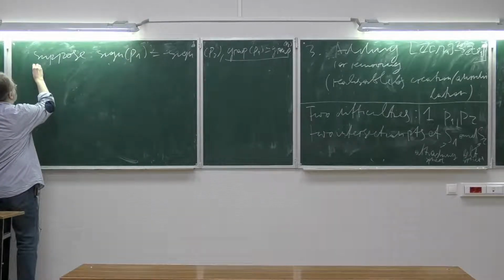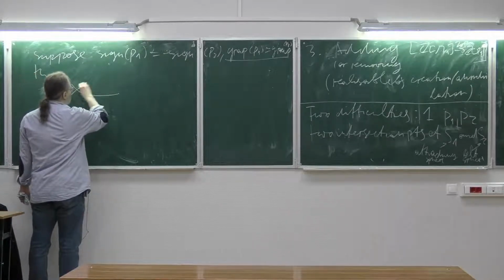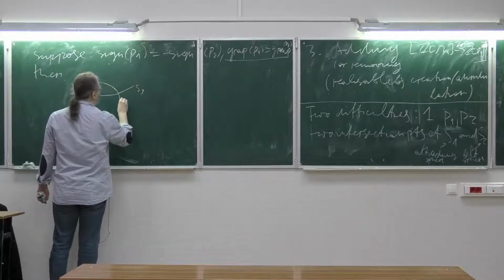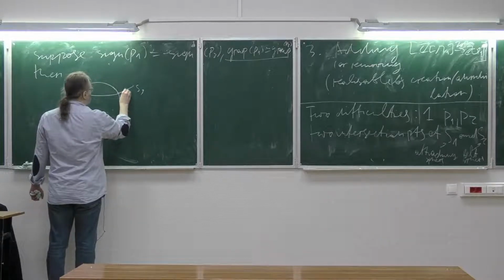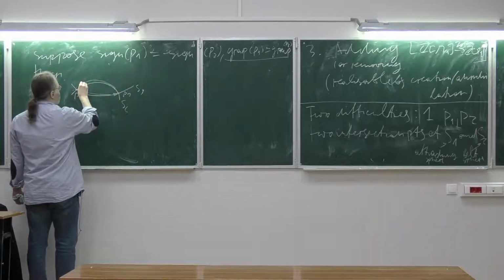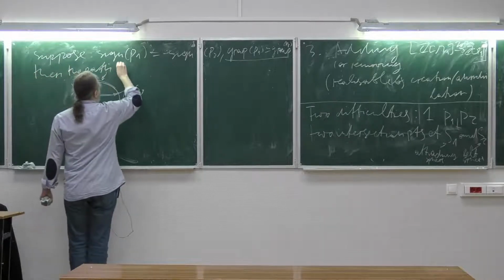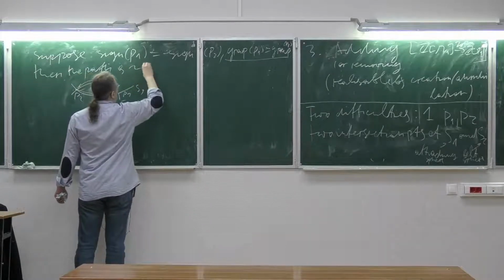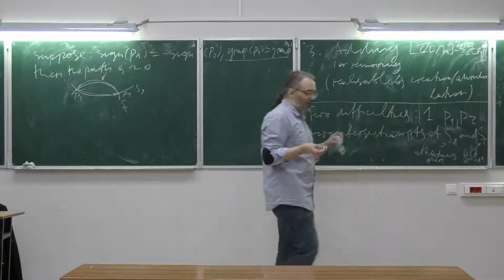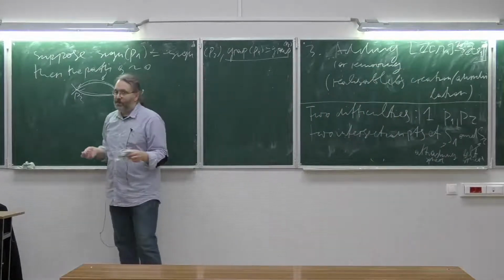Then the path that we use before we apply the Whitney trick is contractible.